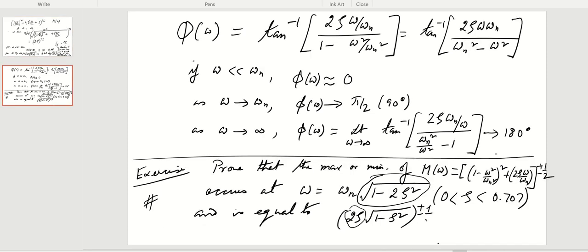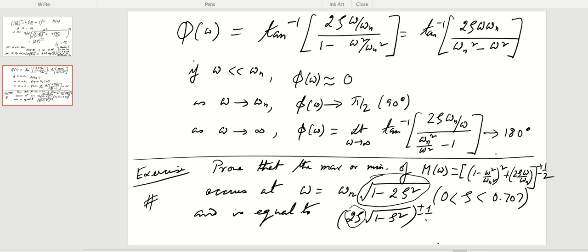In fact, the maxima occurs a little ahead of the breakaway frequency, which is omega n, and the magnitude is also different, is it not? So that is an interesting take-home message here. That is exactly the reason why I insist that you should try to solve this exercise on your own.